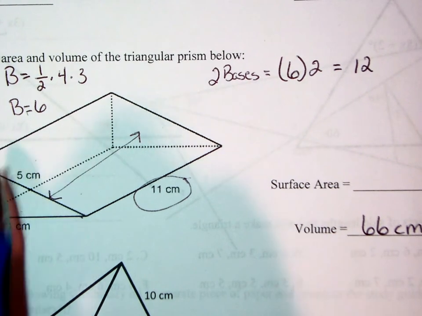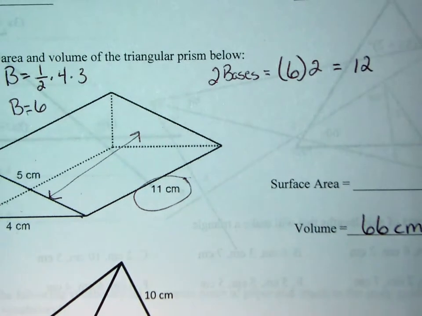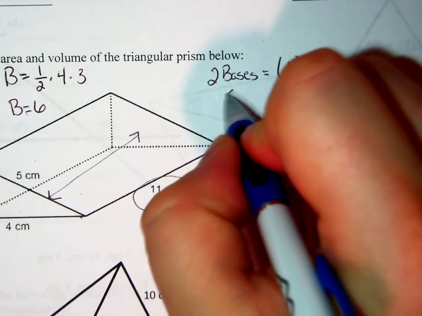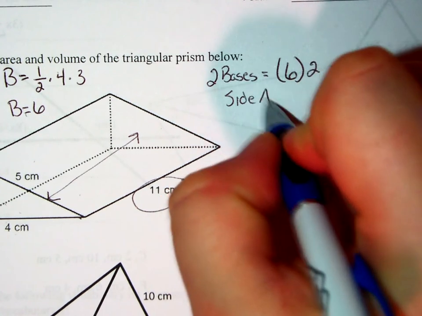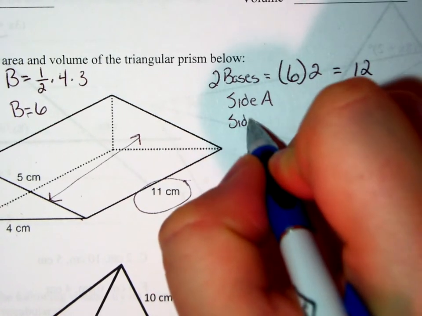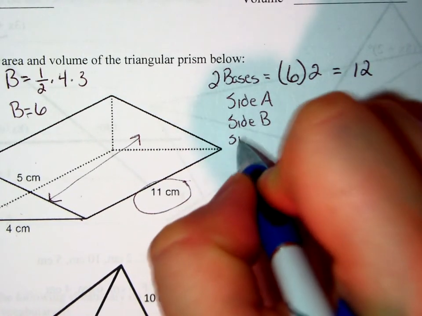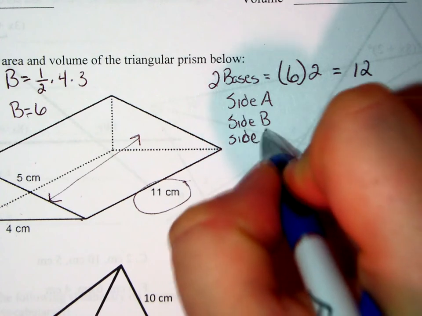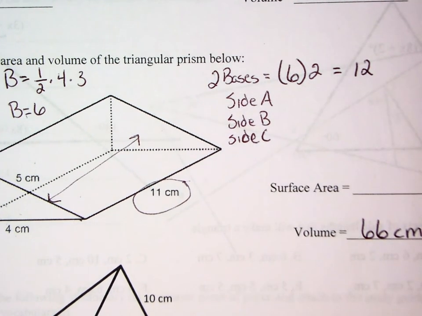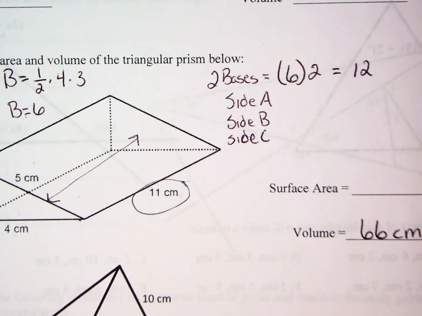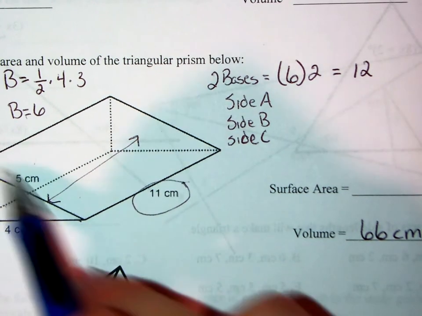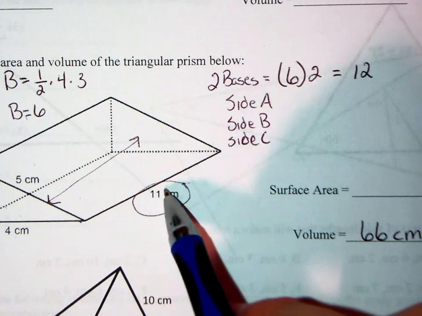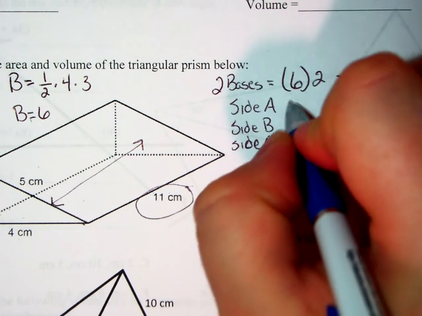And now the triangle is going to have 3 rectangular sides. So I'm going to call that side A, side B, and side C. So we need to find the dimensions of each of these sides. I have one big side that's 11 by 5.